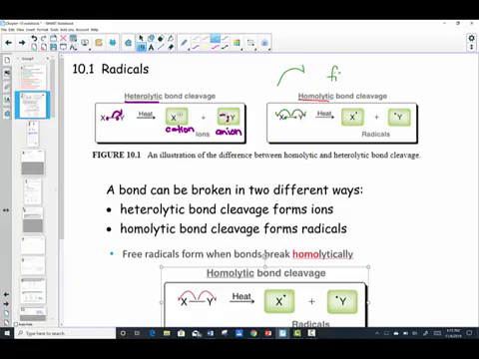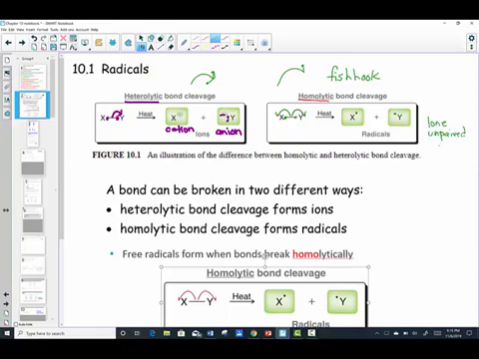This is commonly called a fish hook arrow, and it only has a place to carry 1 electron. So a fish hook arrow is used to move 1 electron, whereas a double-barbed arrow moves 2 electrons. Element X and element Y each end up with a lone unpaired electron.